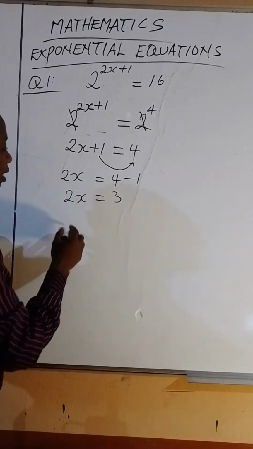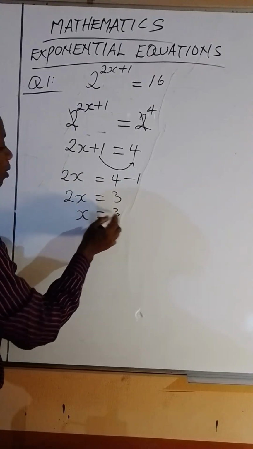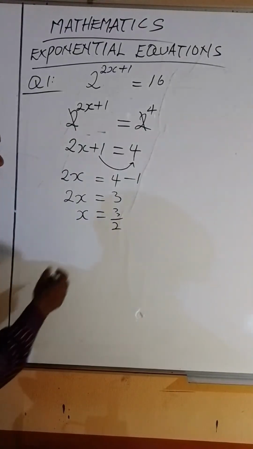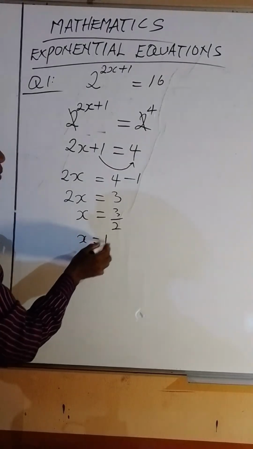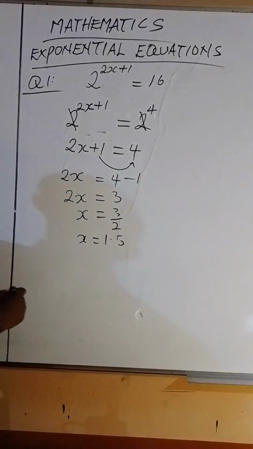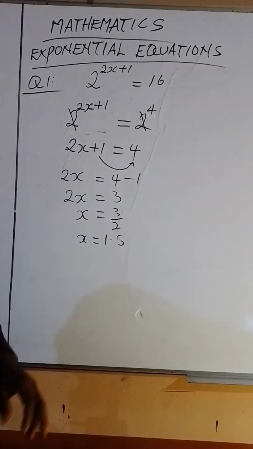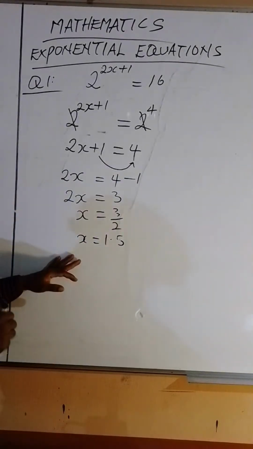If we divide both sides by 2, we'll arrive at x equals 3 divided by 2. And this gives us x equals 1.5. So we have x equals 1.5.